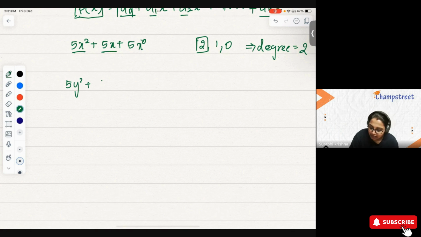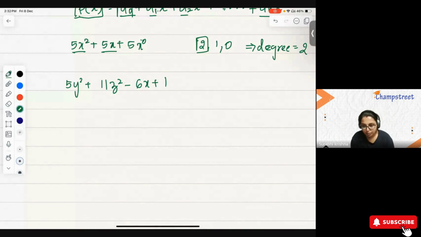Similarly, if I take more variables, say for example, 5y square plus 11z square minus 6x plus 1. So this is a polynomial, yes, because all the powers of the variables are positive, right? There are 4 terms in this.